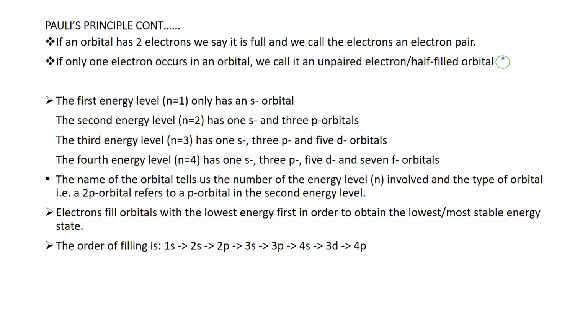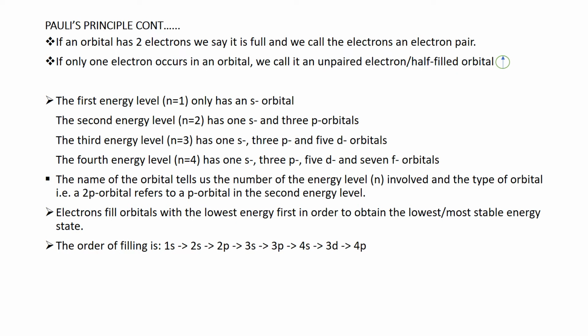But for grade 10, we're only going to do from 1s to 4s orbitals. We're not going to get to 4p, 4d, or 4f. No, we're not going to go that far. Maybe 4p, yes, but not as far as 4d.